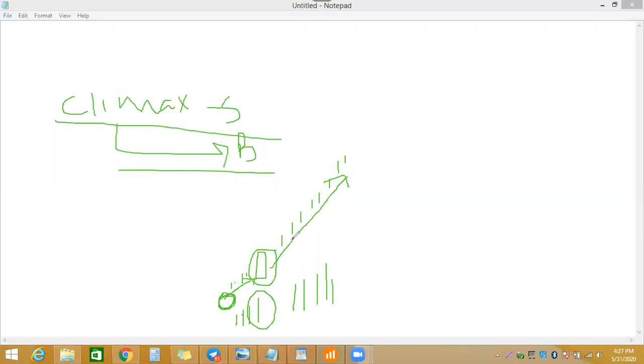Each and every price bar validates with these volume bars. Here we saw the wide range bar again, and again we saw this type of volume. So here in the start of the trend, we saw this type of scenario.